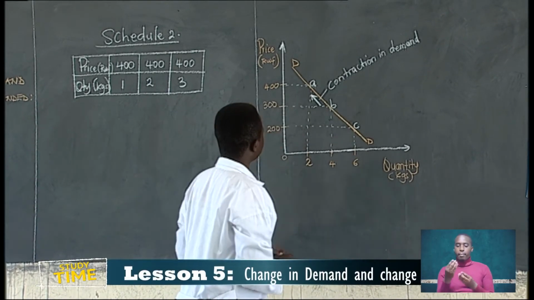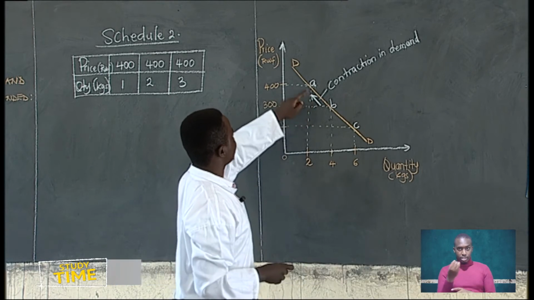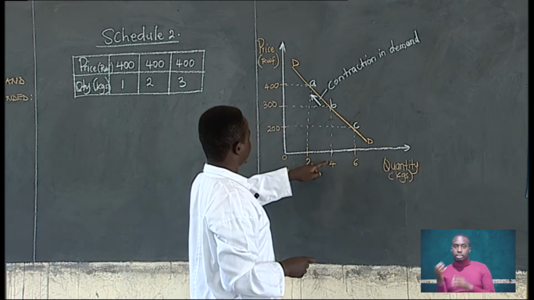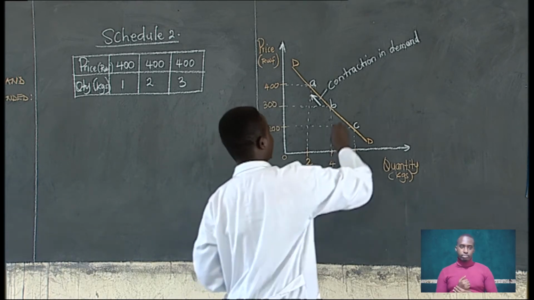As the price increased from 300 to 400, quantity demanded reduced from 4 to 2 units, by 2 units.